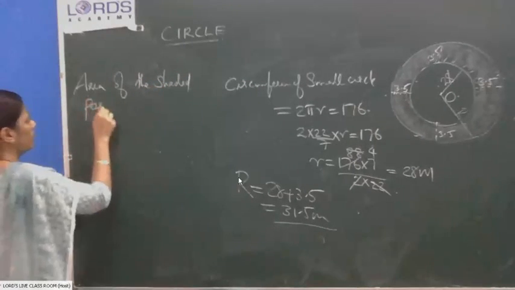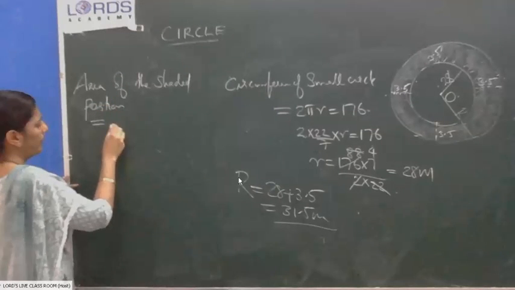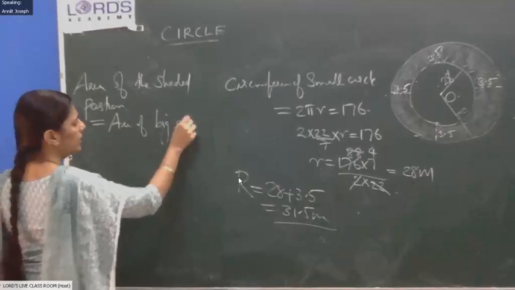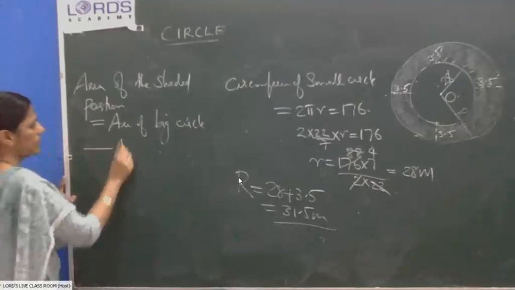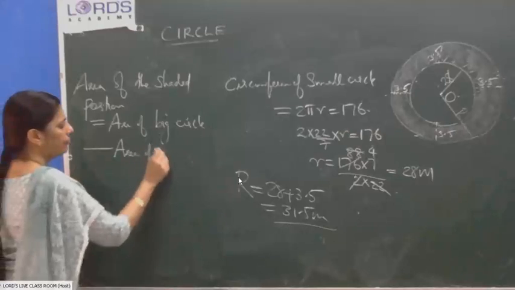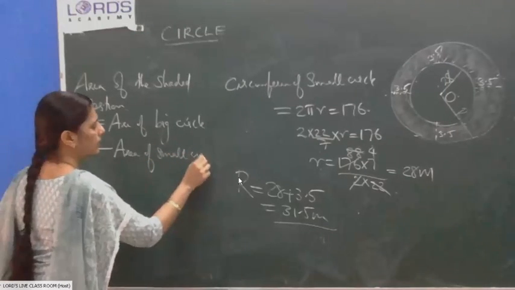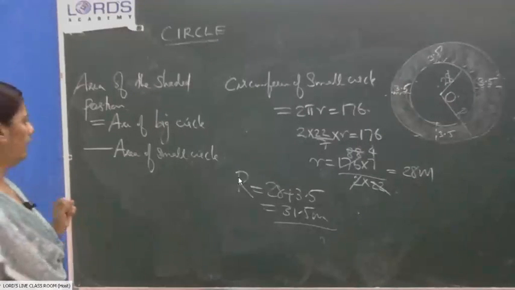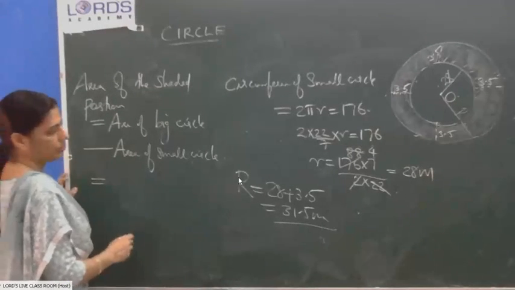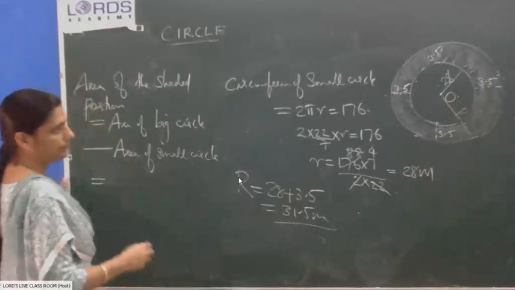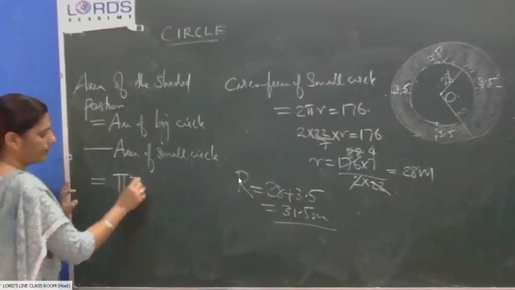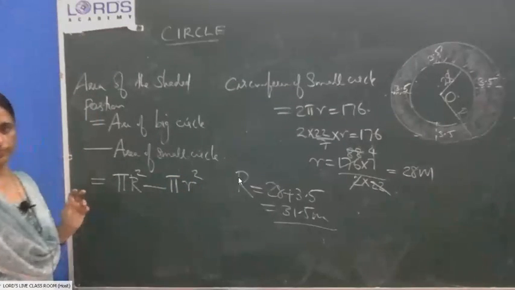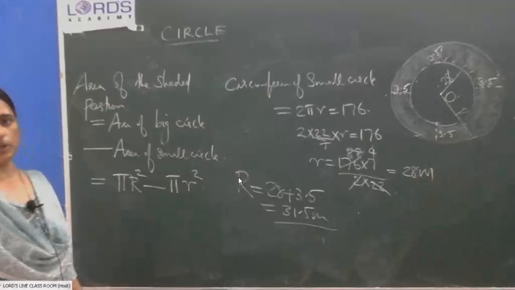Area of the shaded portion equal to area of big circle minus area of small circle, okay. What is area of big circle? Pi capital R square minus pi small r square.